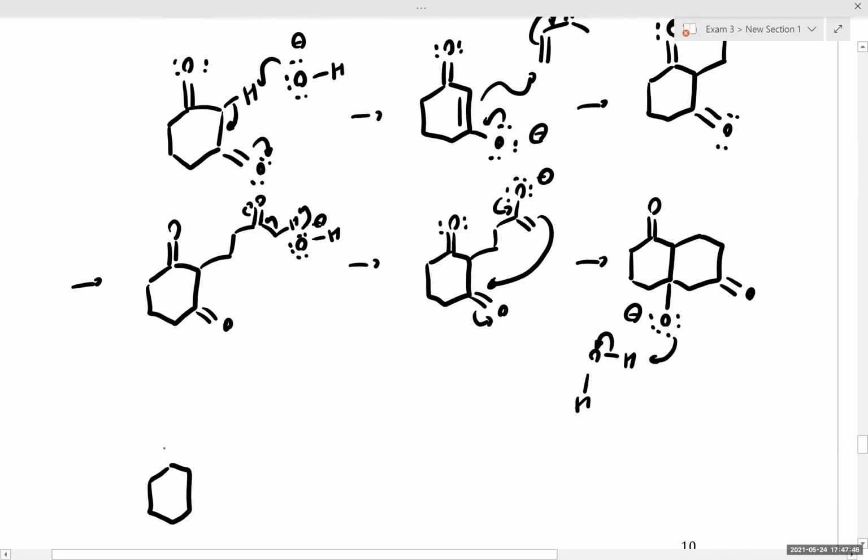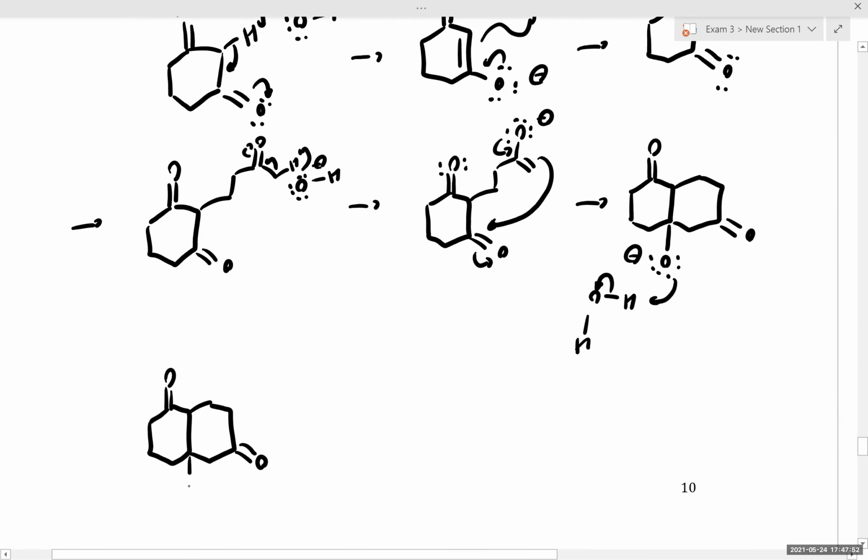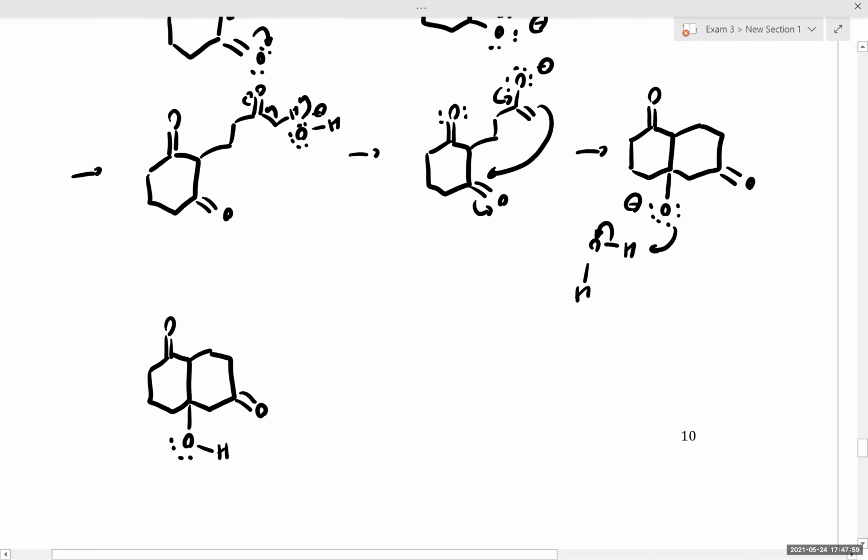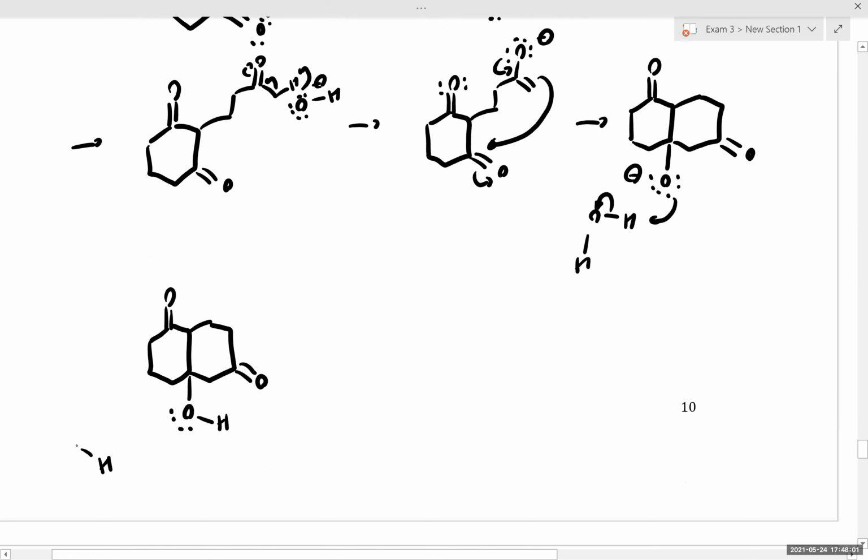From here, you can isolate the beta hydroxy ketone, though usually it's converted via heating or, in this case, under acidic conditions, to the corresponding enone. Under acidic conditions with para-toluenesulfonic acid and water, we're going to protonate our beta hydroxy group.